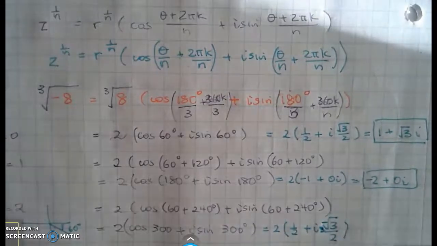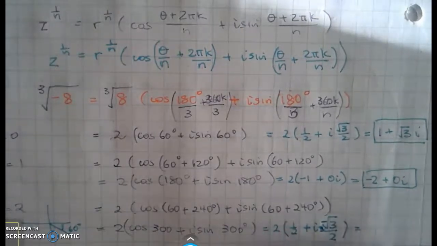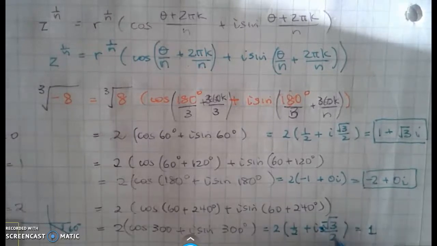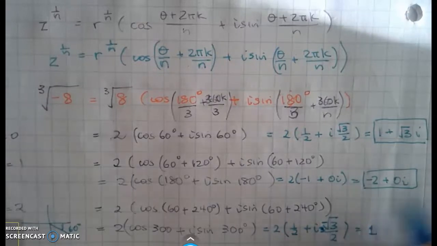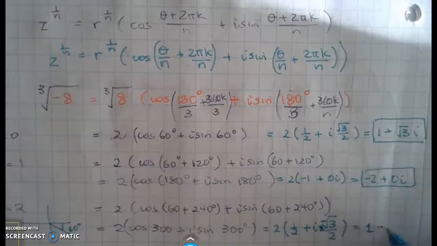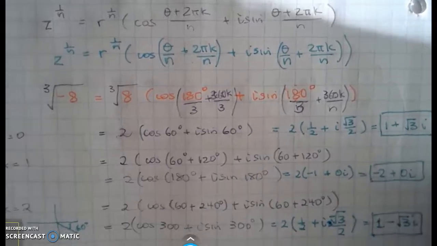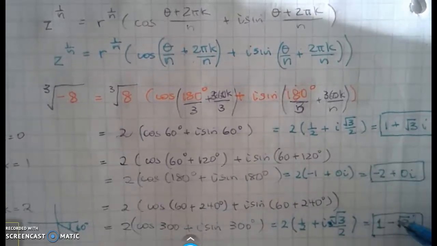So in this case, this simplifies to 2 times half is positive 1, and 2 times root 3 divided by 2, the 2s cancel out, and you're just left with negative root 3i. So that's my third solution. Okay, so I actually ended up with 3 different solutions.